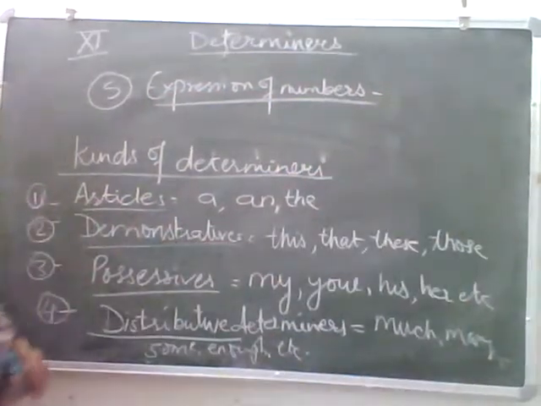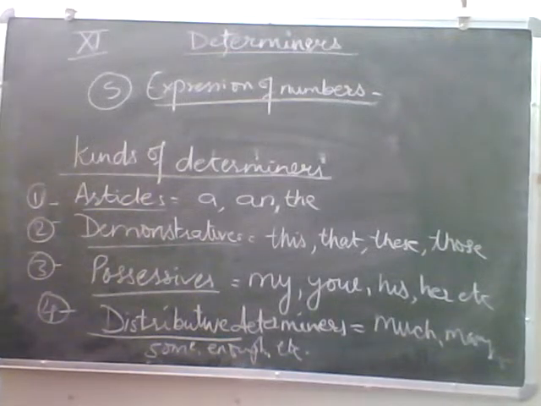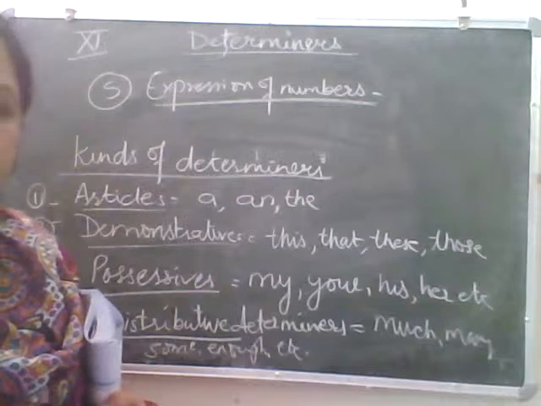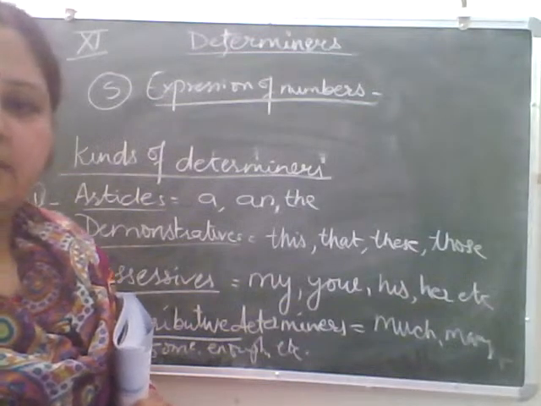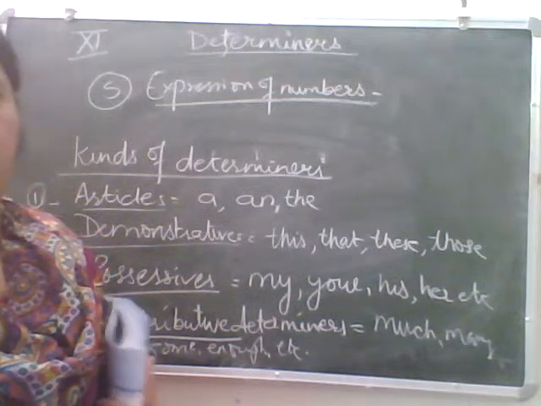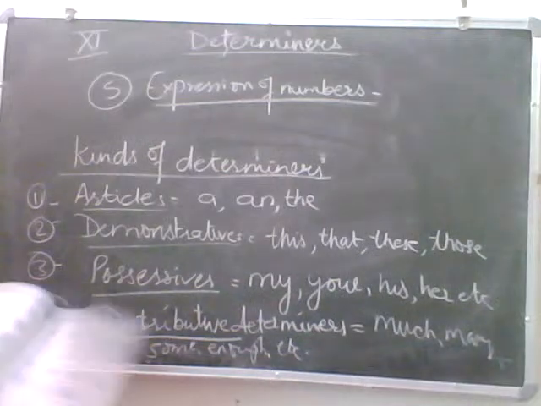Expression of numbers include the simple numbers as well as ordinal numbers like first, second, third, fourth, fifth, sixth, or simple numbers like 1, 2, 3, 4, 10, 20, 30, 40, 50, like this. So it is called expressions of numbers.